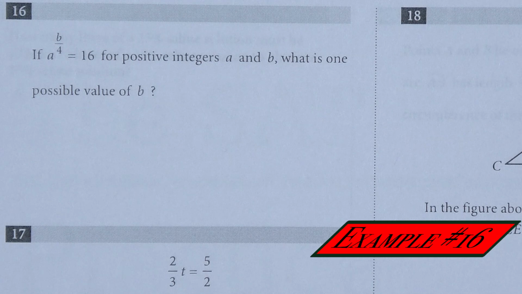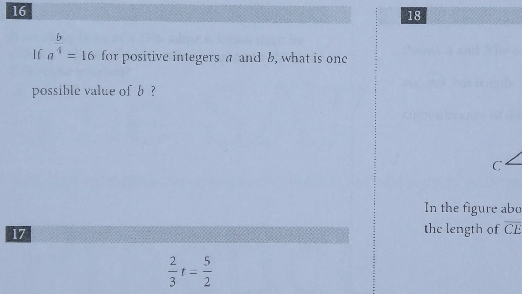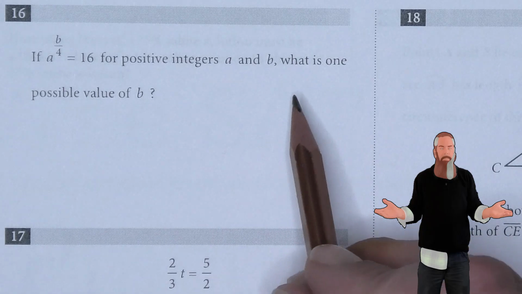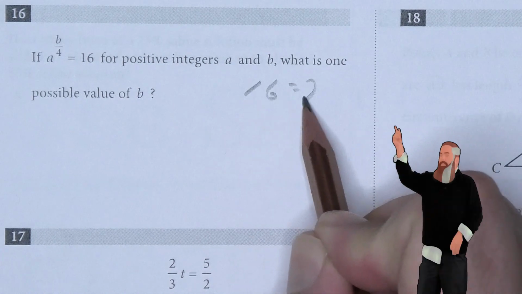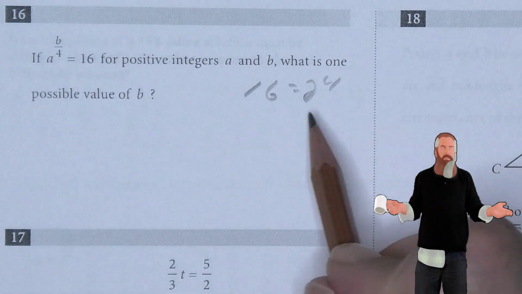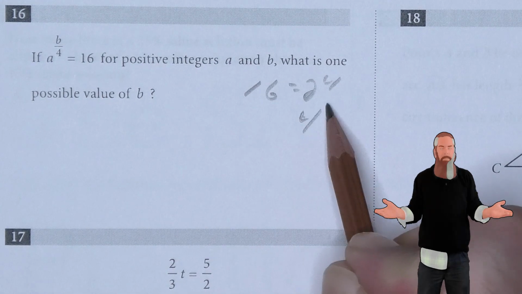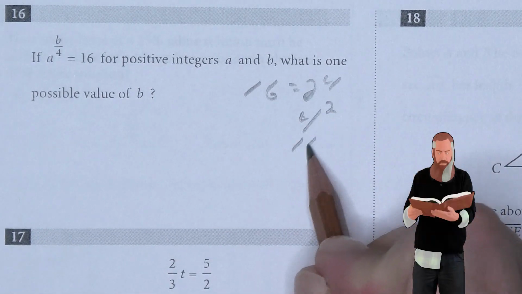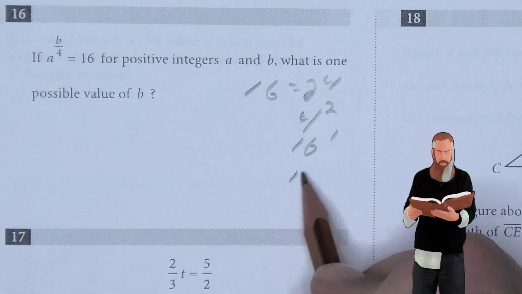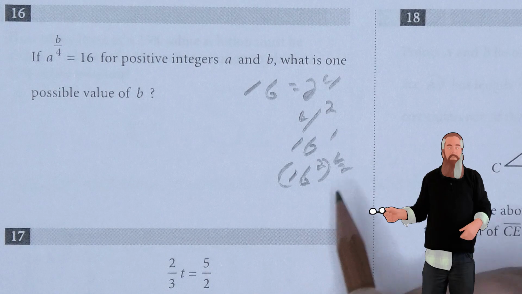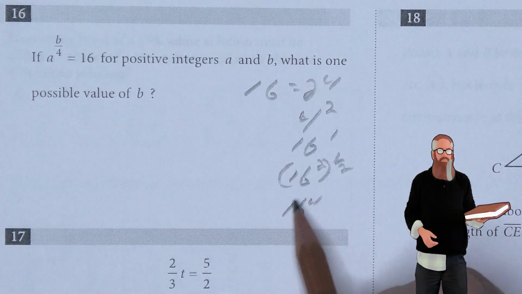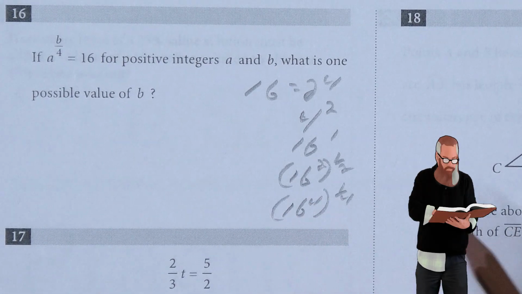If A to the B over 4 power is equal to 16 for positive integers A and B, what is a possible value of B? So we're looking at possible values of B, and I'm attacking the 16 to say 16 is equal to 2 to the 4th power. That means it is also equal to 4 squared. It's equal to 16 to the 1st power, 16 squared to the 1/2 power, 16 to the 4th power to the 1/4 power.